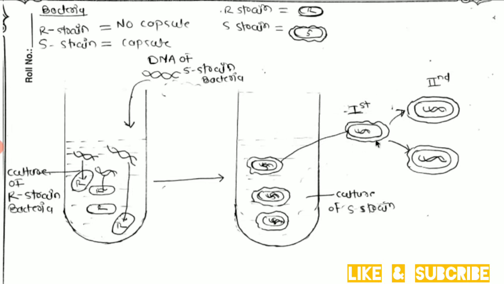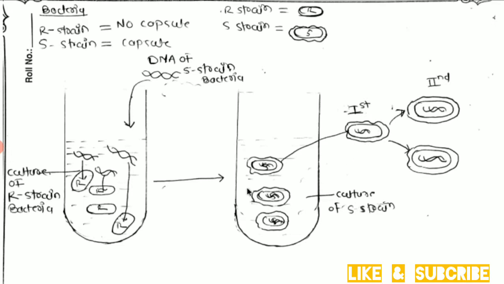Suppose this is the first strain of bacteria, the first generation, the parent cell. When this parent cell undergoes division, they form two cells, the daughter cells, and these also contain the same DNA or same gene, and they also have the capsule.